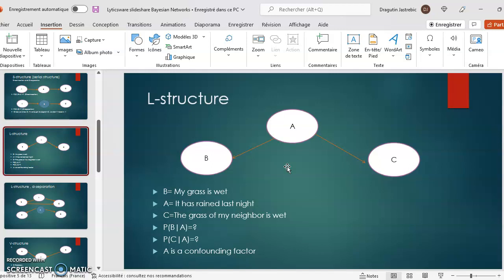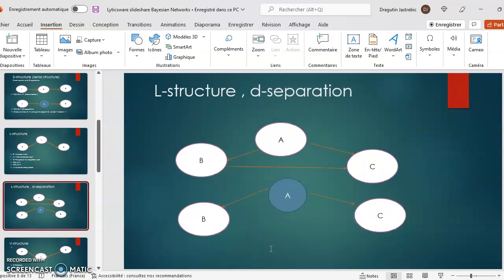What is the confounding factor? That is what A is called. The rain is the confounding factor. So the rain is the root cause of two consequences. Even if it seems that a correlation between B and C exists, the real confounding factor is A. So it is the rain, and so I can delete this arrow, and we have a perfect L structure with A D-separating B and C.